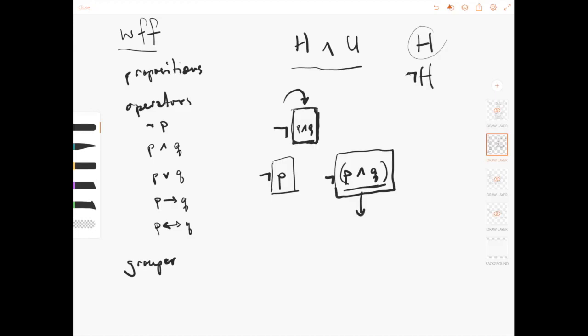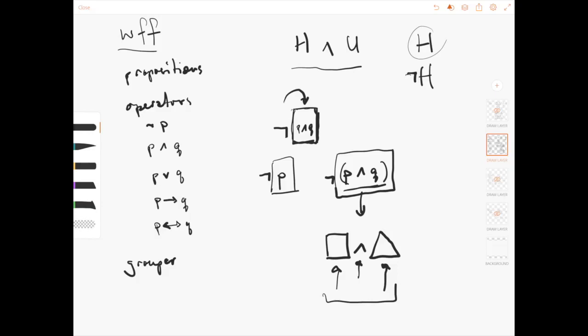Now let's investigate why this is a well-formed formula. If we break it down, we will see that the AND operator operates on a square on one side that contains a proposition and a triangle on the other side that contains a proposition. So as long as it's clear that what this AND operator is operating on is a proposition on the left-hand side and another proposition on the right-hand side, then this whole is a well-formed formula.